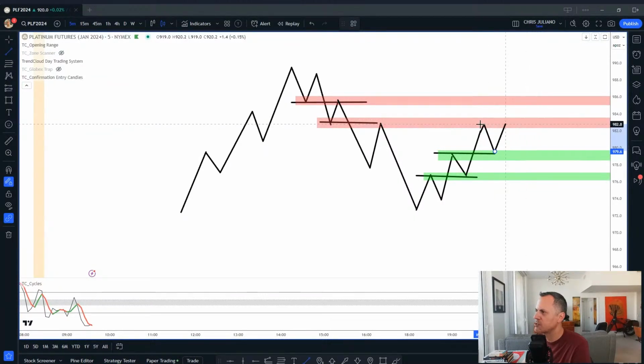So now this zone is no longer fresh, and that's probably when we get a breakthrough. Maybe it goes to this zone, right? Breaks through here, pulls back into the area, and now that becomes a demand zone for the move up.